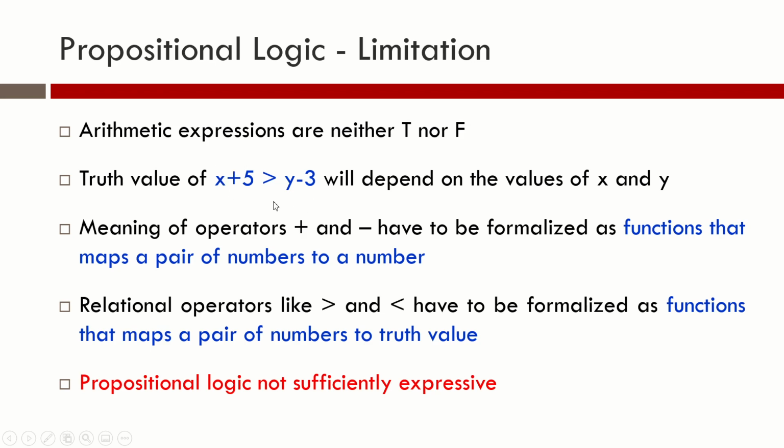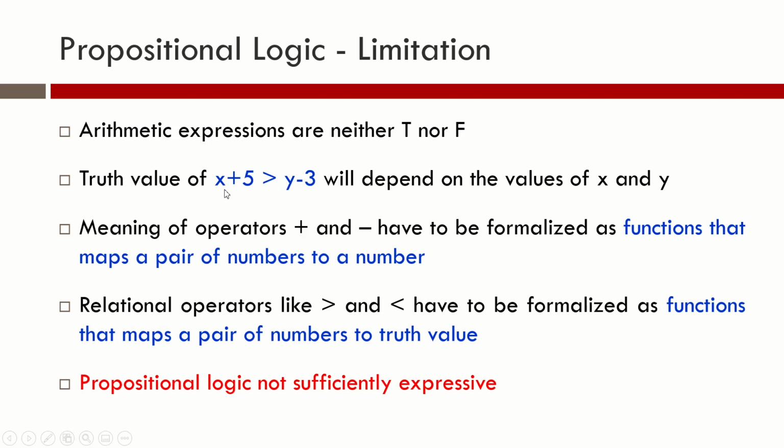The truth value will depend on the values of x and y, right? So if the value of x is say 1, and suppose the value of y is say 4, in that case the value here will be 6 and the value here will be 1. So 6 greater than 1 obviously will be true.